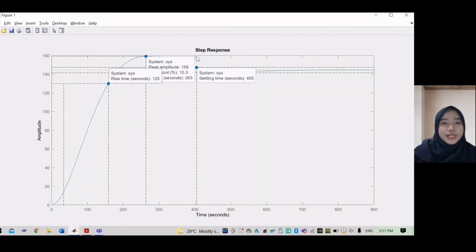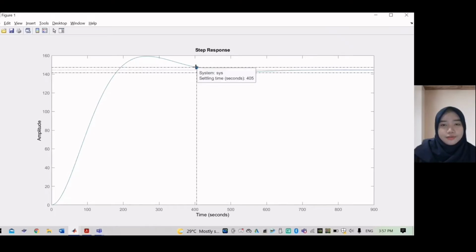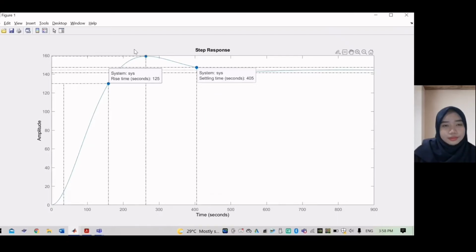From the step response curve, we can analyze the settling time, which is 405 seconds, the rise time, which is 125 seconds, and the overshoot, which is 10.30%.